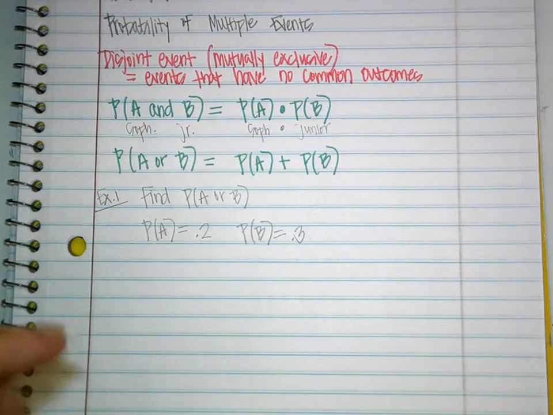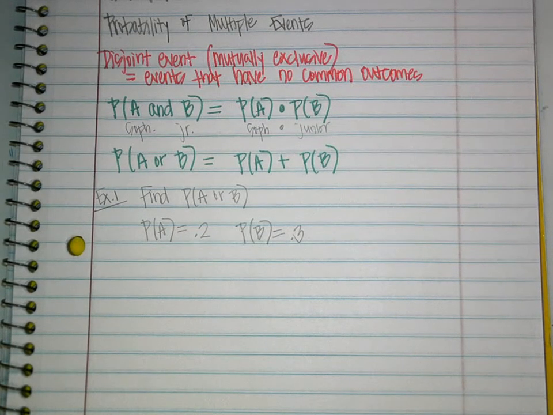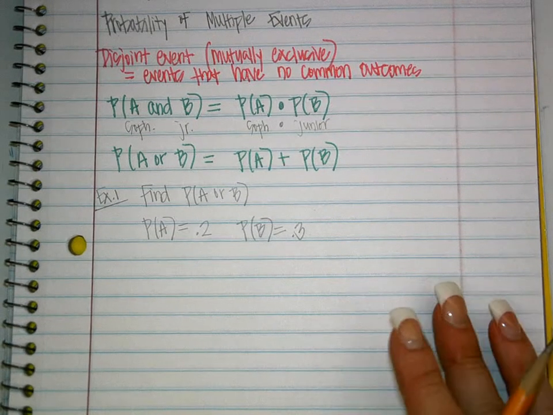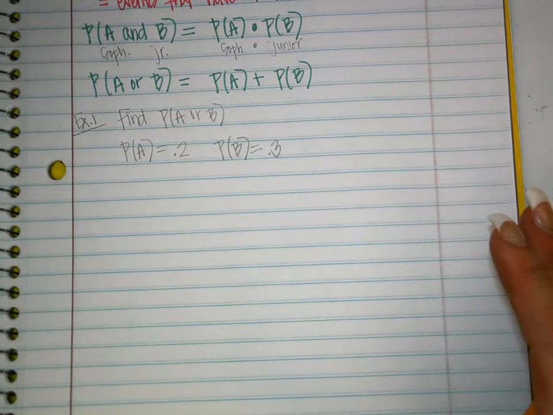Keep in mind that whenever you see the word probability, your answer has to be a fraction or a decimal. It cannot be over 1. Probability is talking about a percentage. And whatever kind of problem you start with, like these are in decimals, that's where your answer should end up.